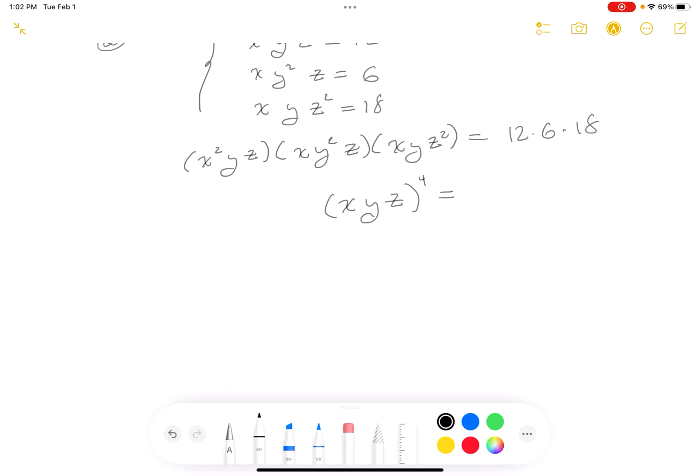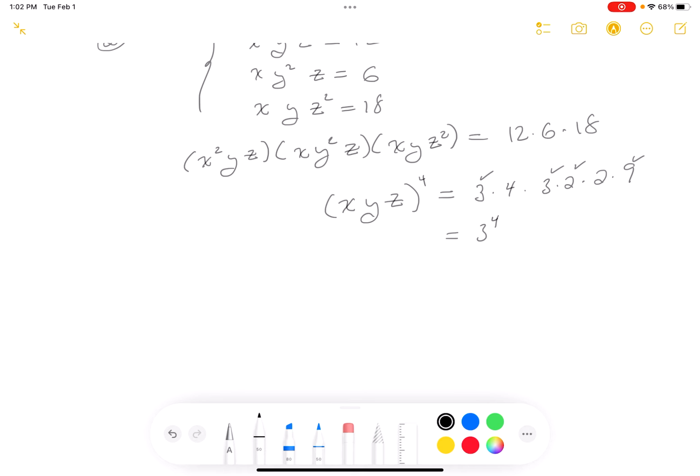And I'll tell you the reason why. I'm just going to write down some factors here: 3 times 4, and 3 times 2, and 2 times 9. And I'm starting to realize, just counting it up, there are 4 factors of 3.